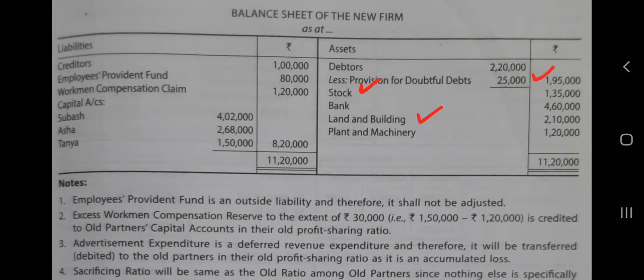And now a new partner has been admitted, so Tanya will become a new partner. And no change will be done in debtors. And workman compensation claim you can see is appearing at 1,20,000 rupees. Earlier it was 1,50,000, but 1,20,000 was treated as a claim, so it is appearing at 120.